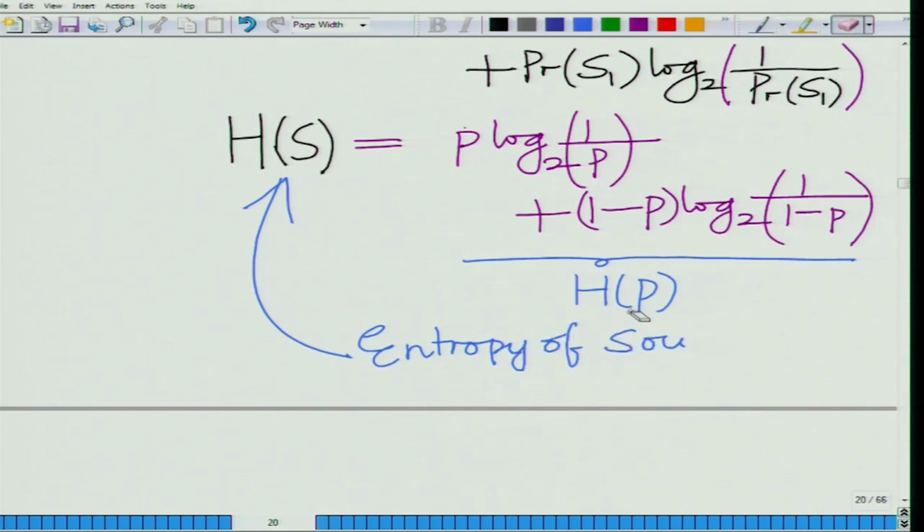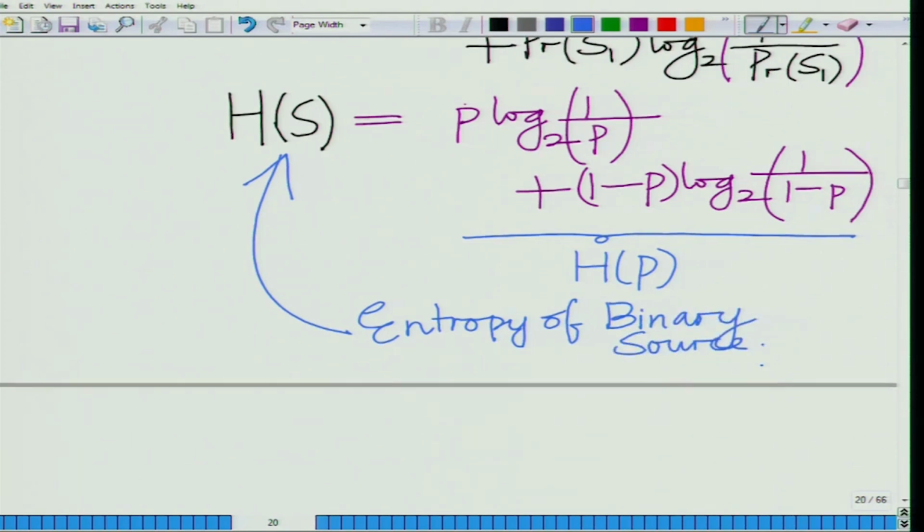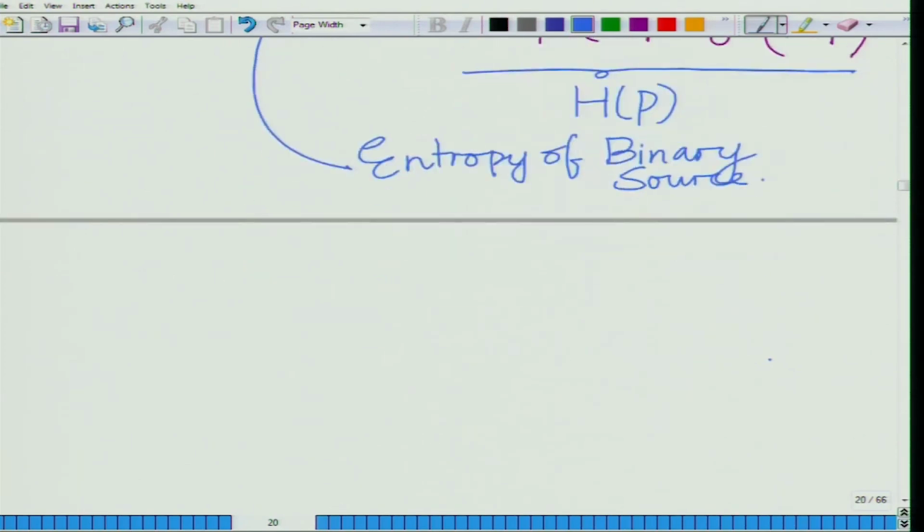Or rather we can say entropy of our binary source. Okay, entropy of the binary source. And now you will also see the first property. So we have derived the entropy of the binary source as P times log to the base 2 1 over P plus 1 minus P log to the base 2 1 over 1 minus P.